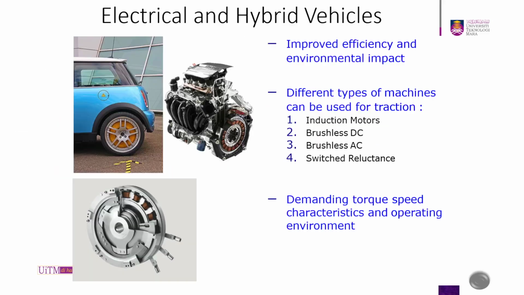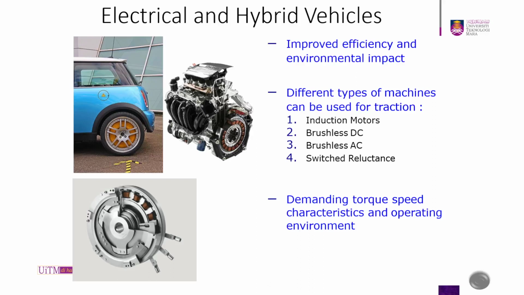Next, we look into the applications. Nowadays, we have these electrical and hybrid vehicles being discussed, right? And why? Because if you use electrical and hybrid vehicles, you improve the efficiency and also have minimal impact on the environment.